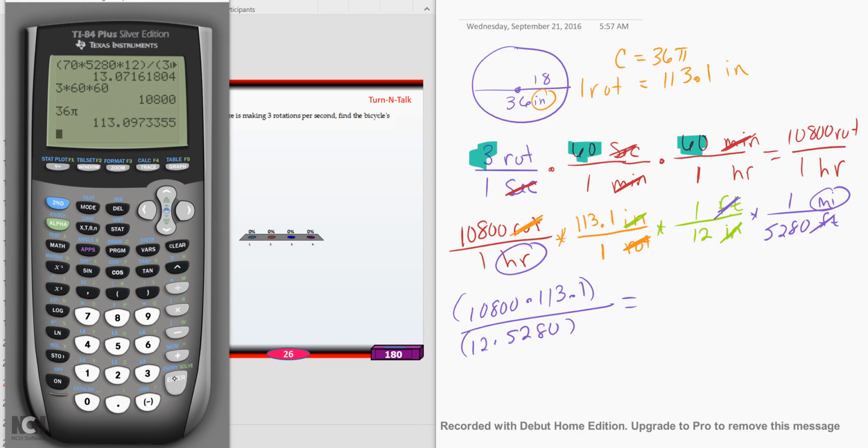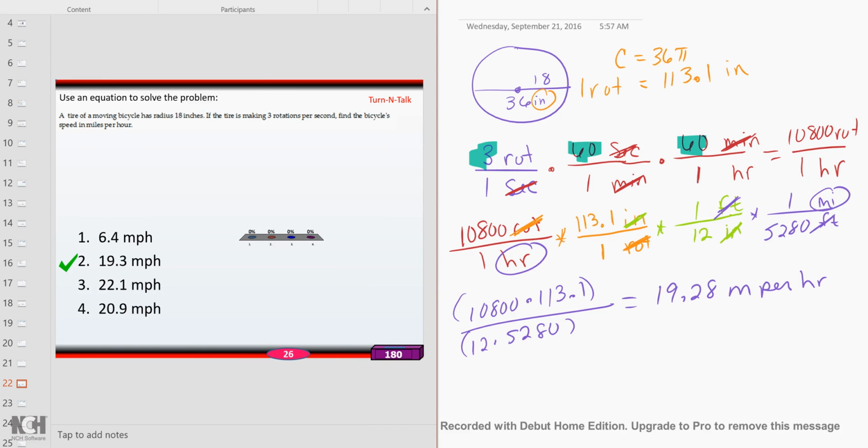So if I type that in, 10,800 times 113.1 divided by 12 times 5280, close your parentheses, I get 19.28, and I am in miles per hour, or mph you could have put. Okay, and there we go.